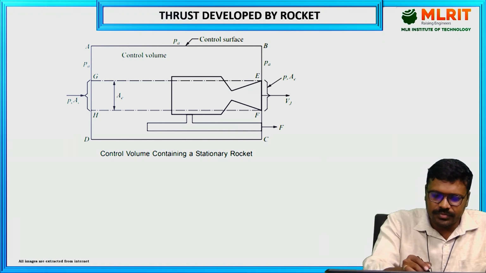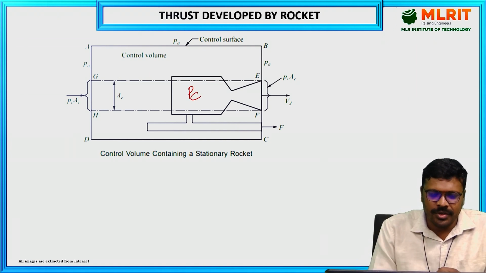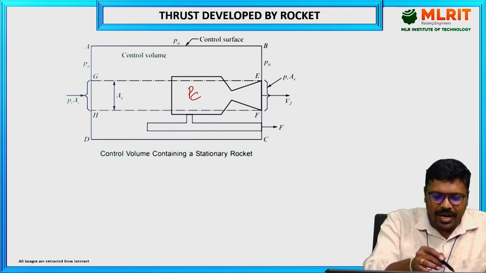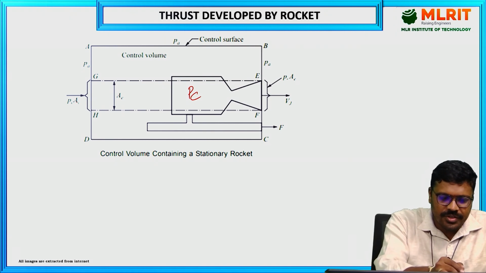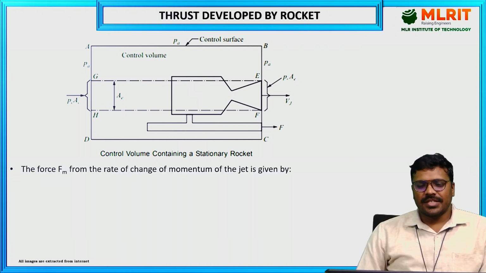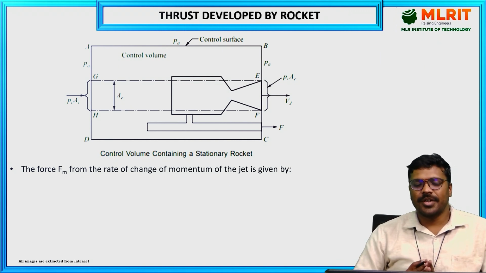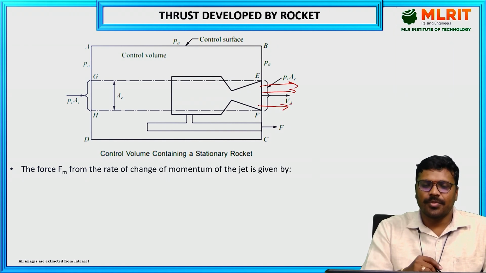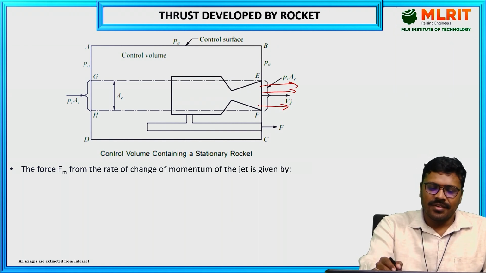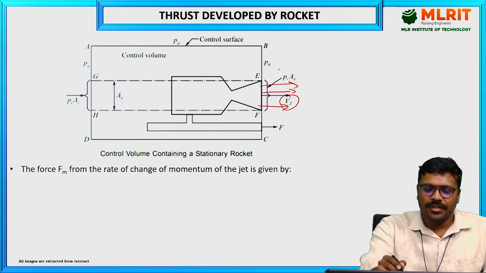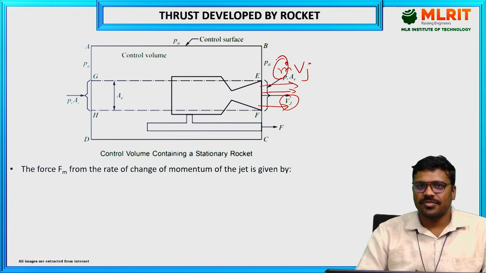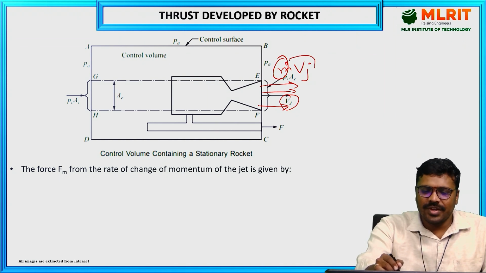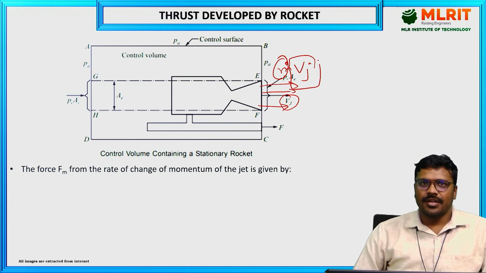Next, the pressure in the chamber is given as Pc. In order to calculate the thrust developed by a rocket, first we need to find the rate of change of momentum produced by the gases. This is done with the help of Vj. It is m dot Vj, where m dot is the mass flow rate of the gases leaving the nozzle, and Vj is the velocity with which the gases leave the nozzle.